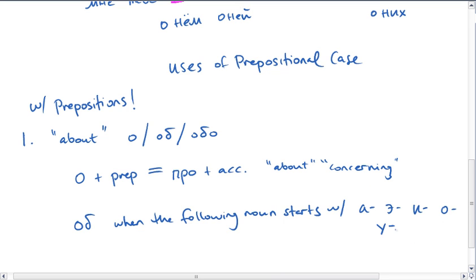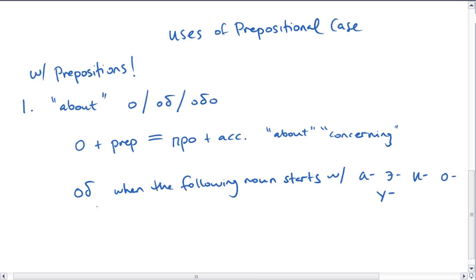Just those vowels. So if the following noun starts with any of those vowels, it's going to be ob. And then it's obo basically very infrequently. Only when you're saying обо мне, обо всем, обо всех. So you just remember those.